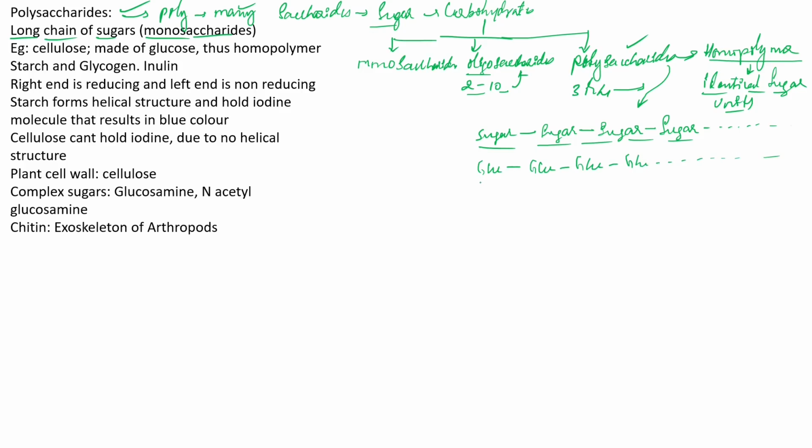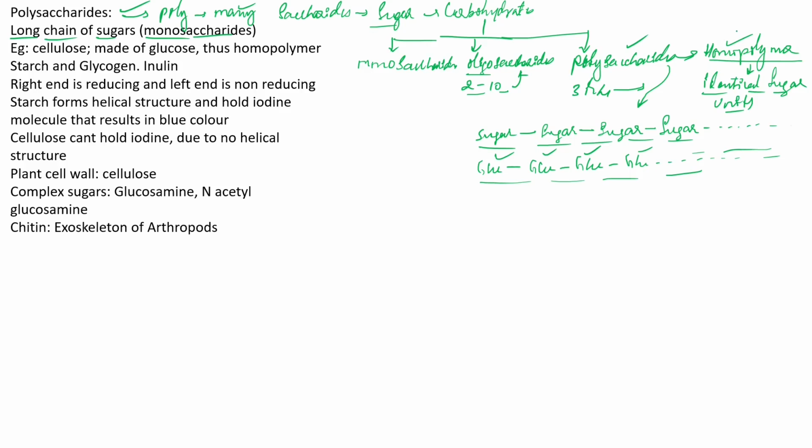So if you consider this polysaccharide, you can see that it is just made up of glucose, glucose, glucose, and so on with n number of glucose. Such a polysaccharide, made up of the same or identical sugar units, we call a homopolysaccharide. Hence, in most of the cases, as I mentioned, the polysaccharides are homopolymers.